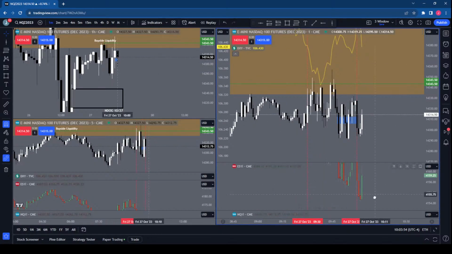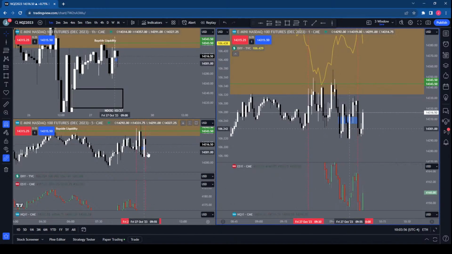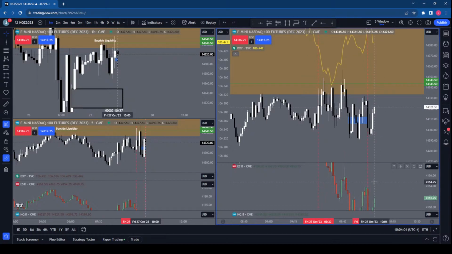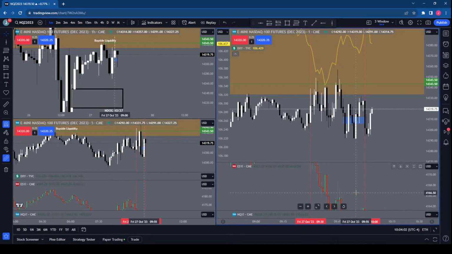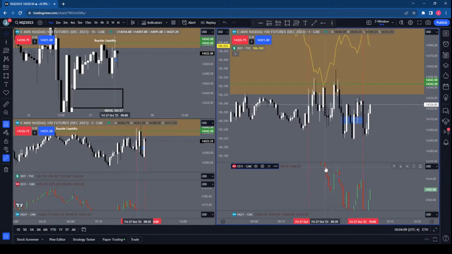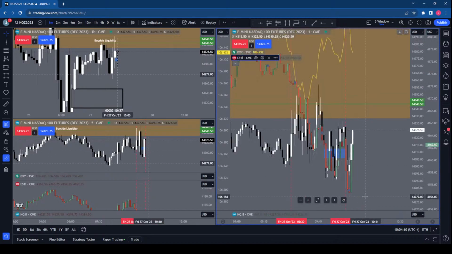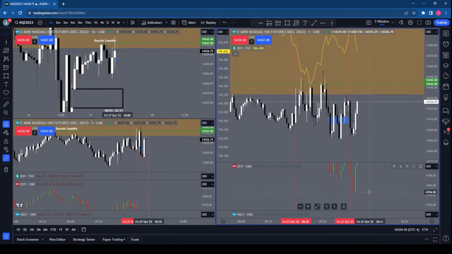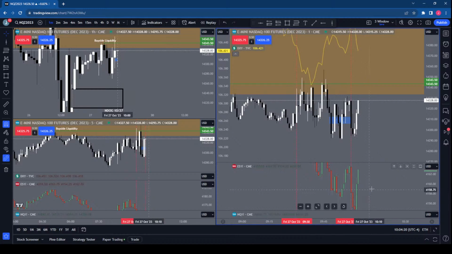But just looking at ES, if you took any fair value or any PD array short up until the low it just made, you could have been successful.